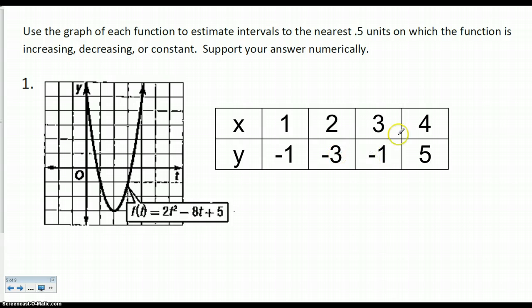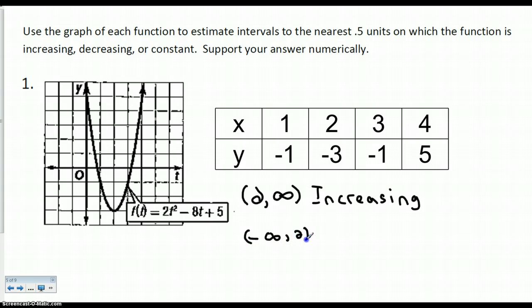The y value is getting bigger. And when I plugged 4 in, it was also increasing. So this verifies that from 2 to positive infinity, my graph is increasing. So all I'm going to say is for this graph, from 2 to infinity, it's increasing. From negative infinity to 2, my graph is decreasing.